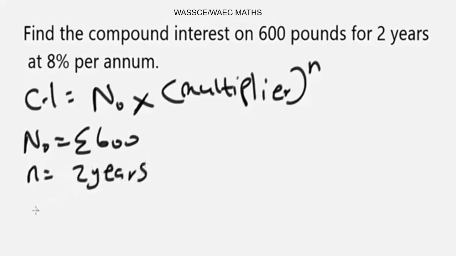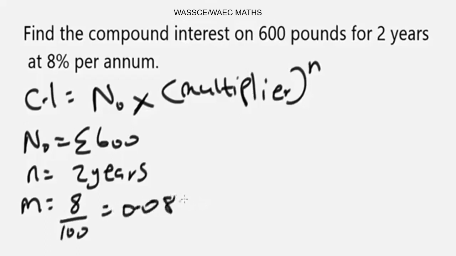Now our percentage change multiplier, let me represent it with m. We have 8%, that's 8 over 100, which will give us 0.08. So you add it to 1. We want an increase, we're looking for the compound interest on £600 for 2 years.